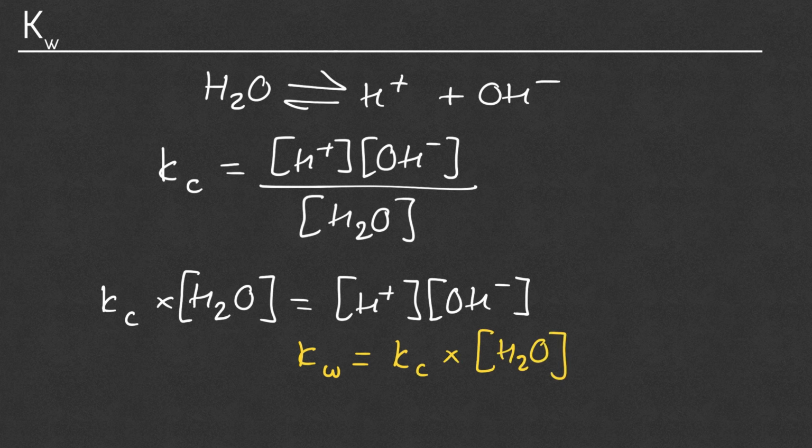This means we can say that Kw is the concentration of hydrogen ions times the concentration of hydroxide ions. Because we can see that the Kc times H2O is equal to the H+ and OH- concentrations.